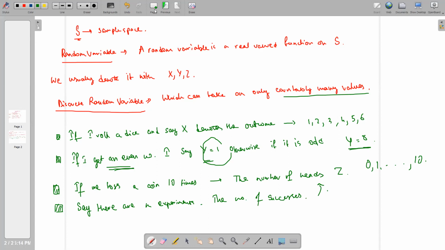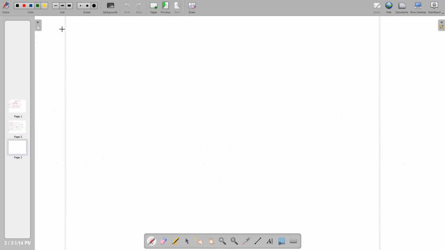Now we need to define what a PMF, or density of a random variable, is. PMF is called the probability mass function, or the density of a random variable.